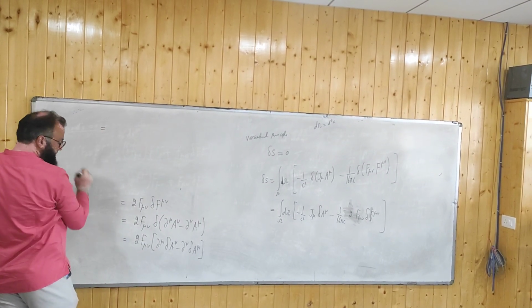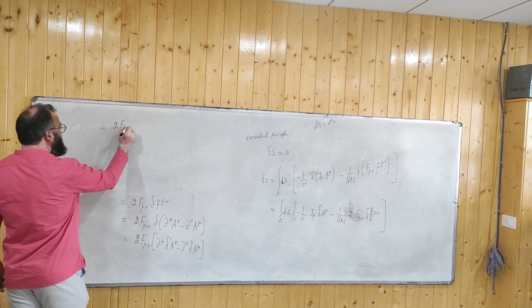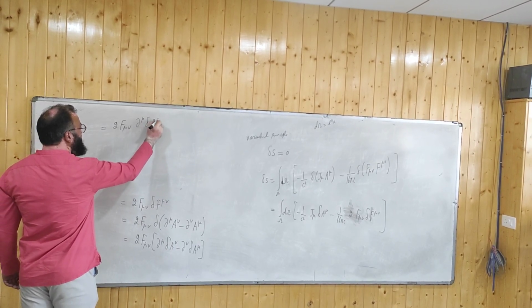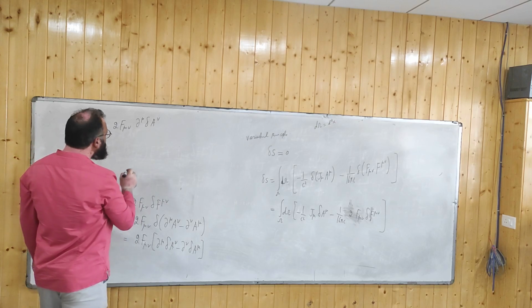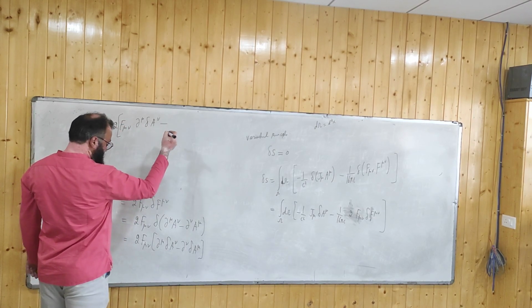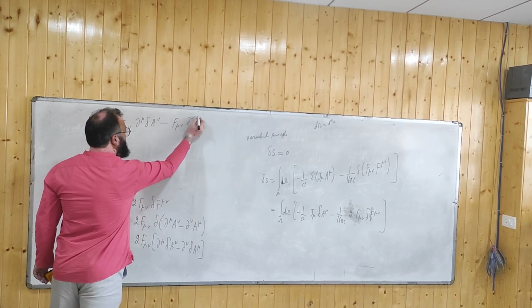So that's equal to, let's multiply the 2, f mu nu partial mu variation in a nu, then minus f mu nu partial nu delta a mu.